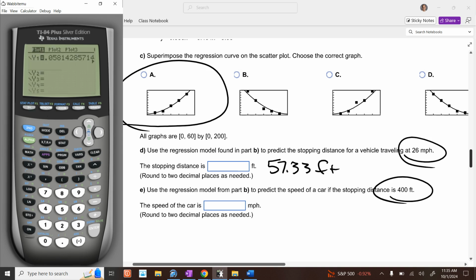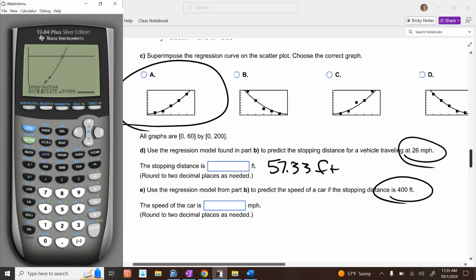Now, here's the trick. To get to 400 really quick, set Y2 equal to 400. Can you see where 400 is? And then I'm going to go second trace, and I want to get the intersection between those two. So I'm going to hit enter, enter, enter.